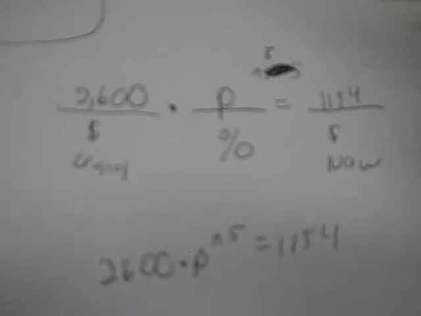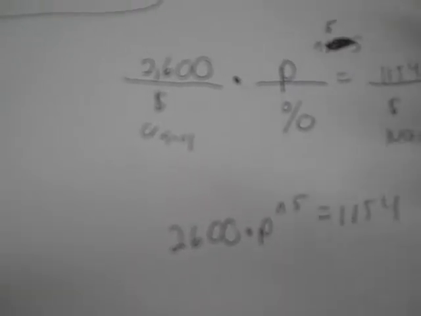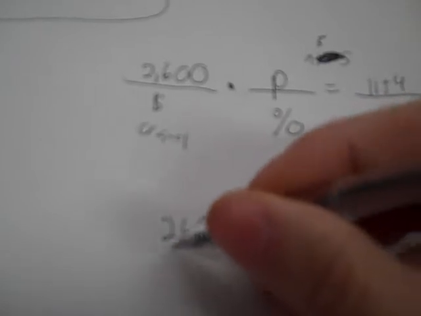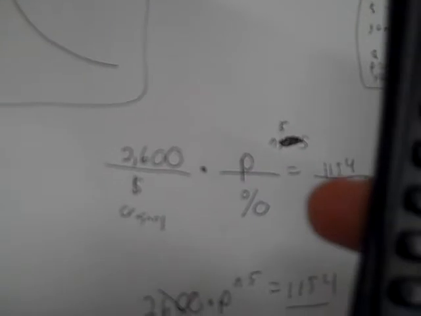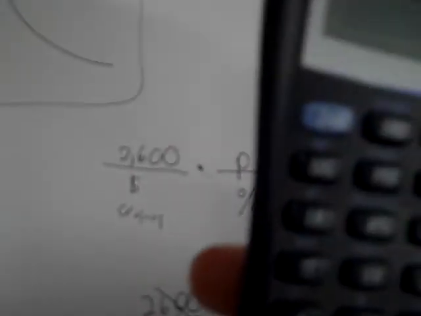Now the variable's not in the power. The power is just 5. So don't circle, don't split, don't log over log. We're going to use the 5th root, a root with a 5 in the index. But before that, 2,600 has to be divided out. So P to the 5th is 0.44.